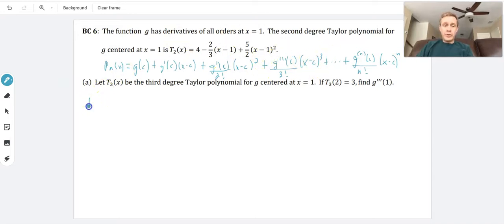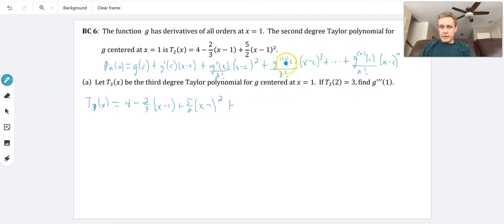So our third degree Taylor polynomial would be equal to 4 minus 2/3 (x minus 1) plus 5 halves (x minus 1) squared. And then now we're ready to set up our x to the third term.